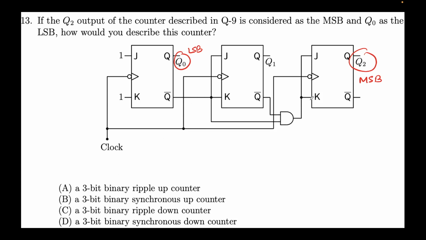There are 3 flip-flops, and as we had talked about, usually there is only 1 output bit per flip-flop. So 1, 2, 3. That's why all the options are 3-bit. Binary, which makes sense because each output corresponds to 1 bit, hence binary, right? Okay, next thing is ripple or synchronous. This is synchronous. Why? Because you look at the inputs of all the 3 flip-flops.